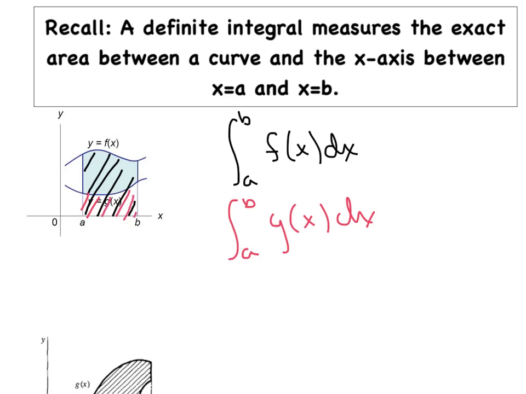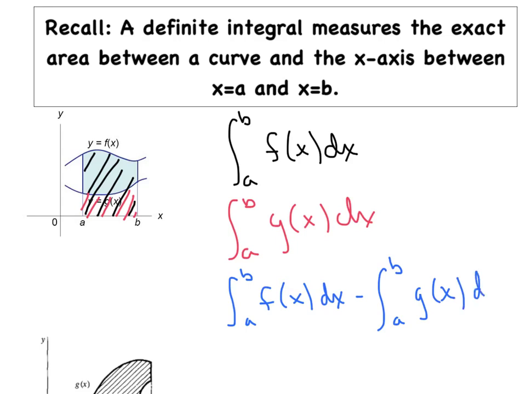So basically what I want to do is subtract the red region from the entire black region, and if I do that subtraction, I'm going to be left with what was in between them. So if I do the integral from a to b of f of x minus the integral from a to b of g of x, the answer is going to be the space in between them right here, underneath f but above g.